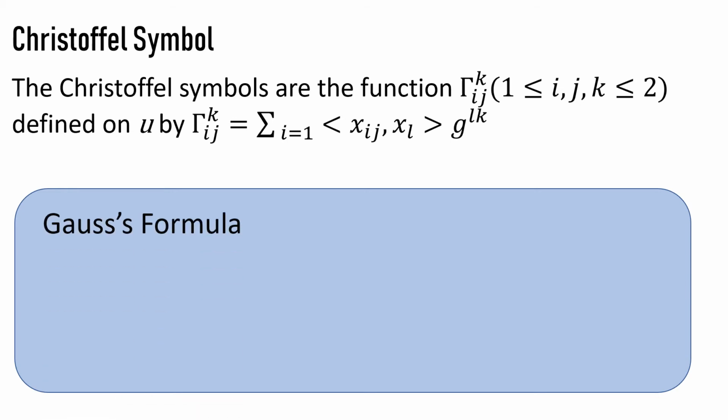And these symbols can be calculated by Gauss's formula: x_ij is equal to L_ij n plus the sum over k of Γ_ij^k x_k. Remember that x_ij are the second partial derivatives, and L_ij comes from the second fundamental form, and we already know what n is, and we just need to figure out what the Christoffel symbols are.